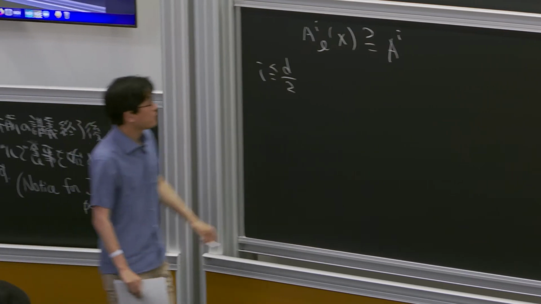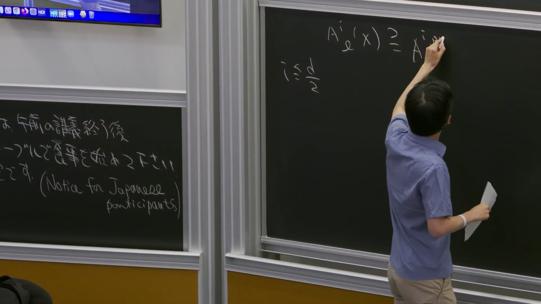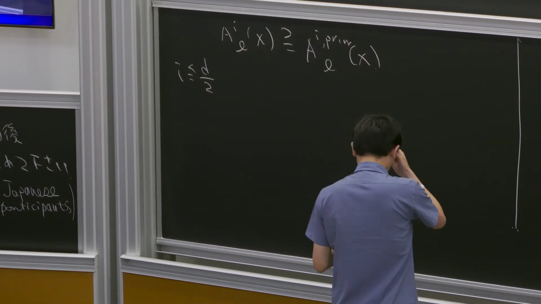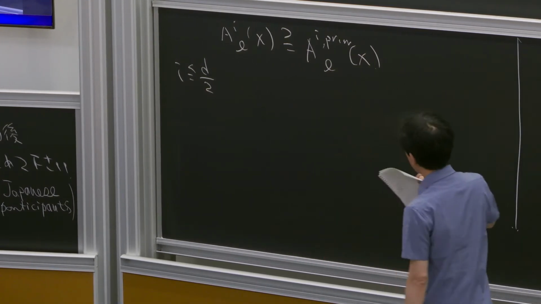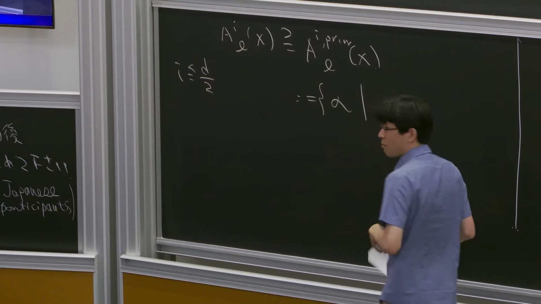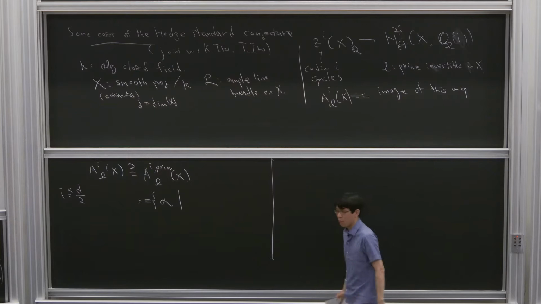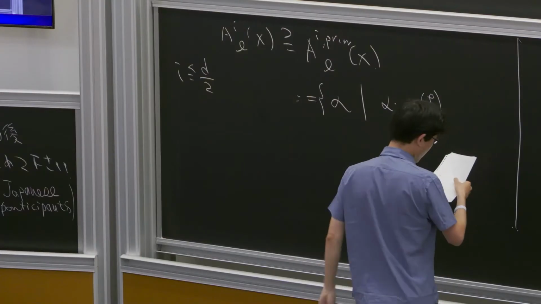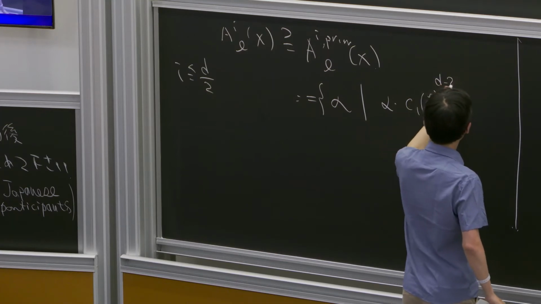Then we define the primitive part. I mean, this is just some elements killed by some power of the Lefschetz operator, so alpha cup c_1(L) to some power, this should be correct.